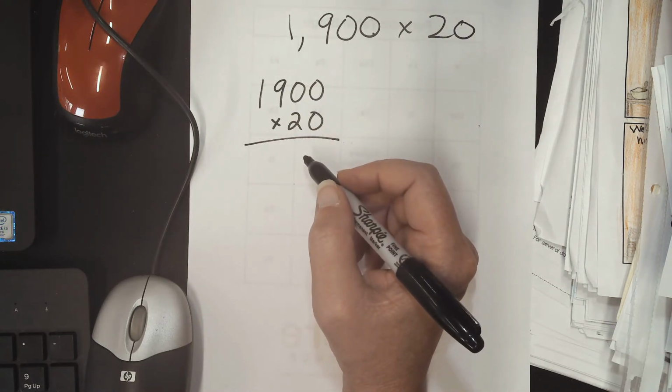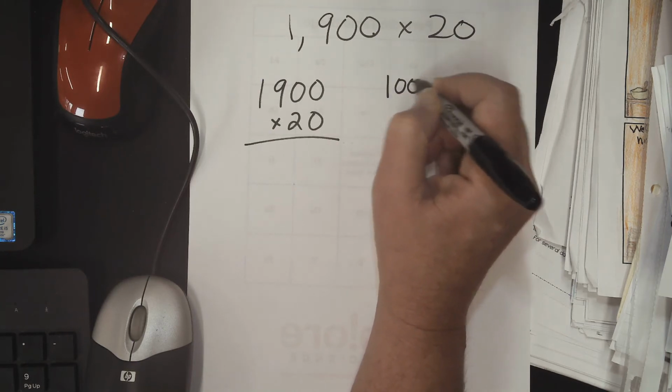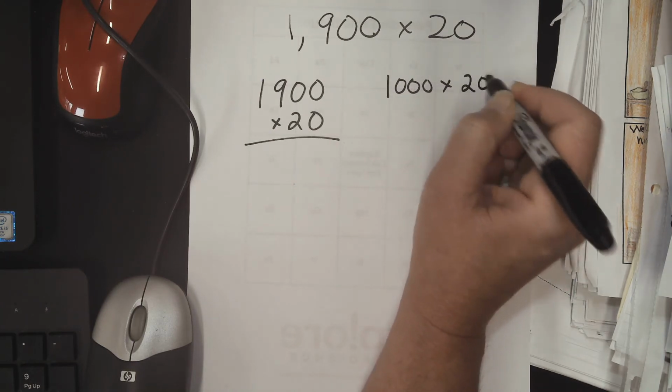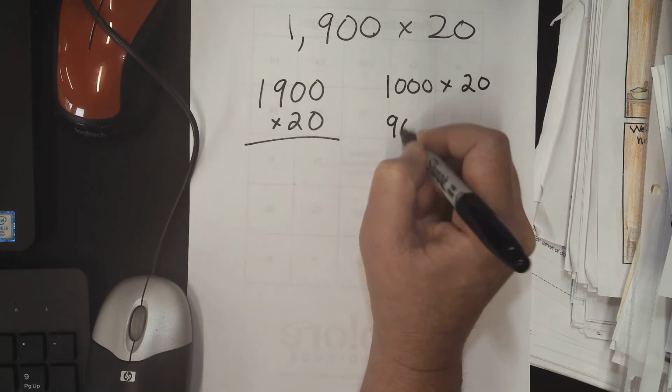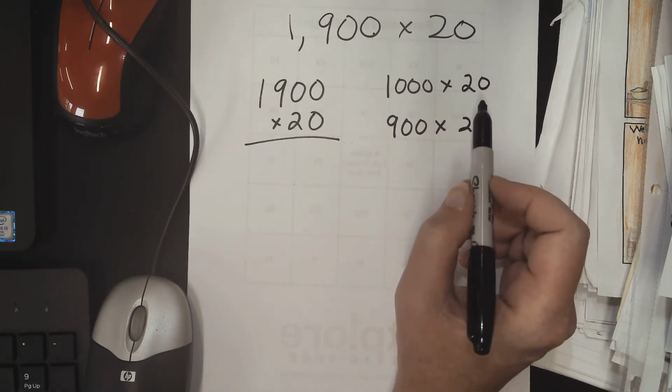We'd be a lot faster, Cooper. Just do like 20 times 1,000 and then 20 times 900. Okay, so 1,000 times 20 and 900 times 20. Okay, I feel like I can do that, right?